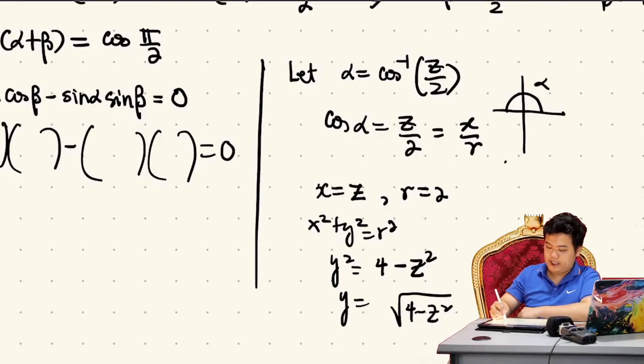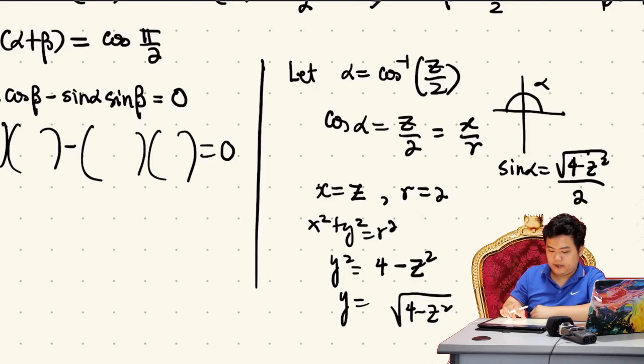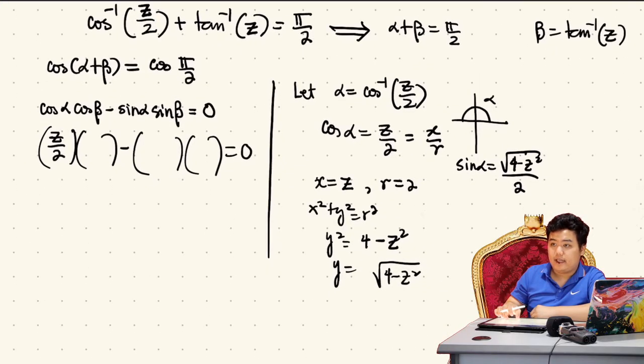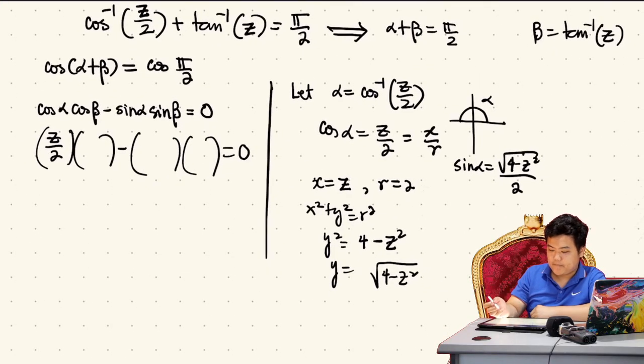So, ang sine alpha is y over r. Ang r natin ay 2. So, yan yung ilalagay natin dito. Siya yung sine alpha.